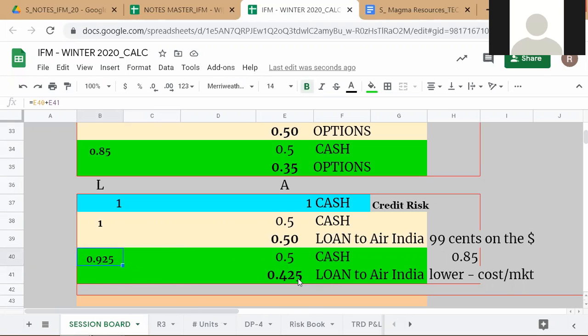This is what we call a loan impairment charge. The accountant is going to insist that you show the value of this loan at the market value, and the corresponding debit will be a debit to the P&L, which is going to show the loan impairment charge on this transaction.